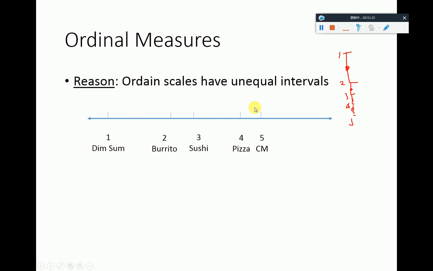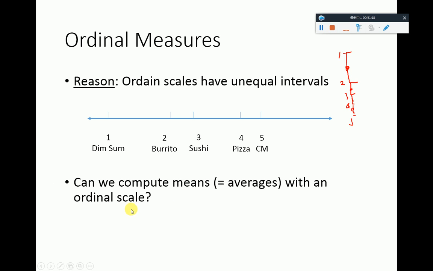Here's just another example. Exactly because for an ordinal scale we don't have equal intervals, that means we assign different weights to different values on this variable.